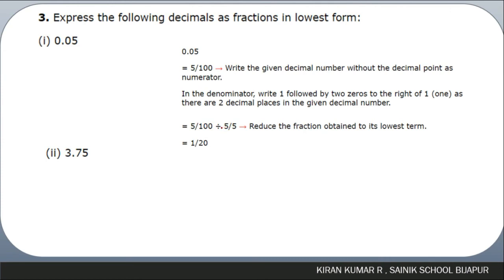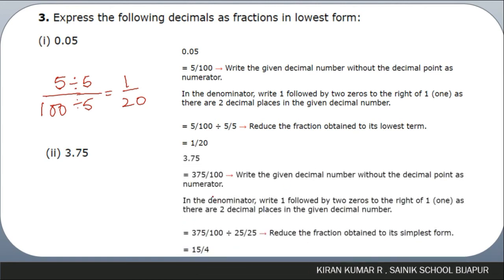So to reduce, they are divided by 5 in both numerator and the denominator. Probably this way you may understand better. They are divisible by 5, hence we get the result as 1 upon 20. 1 upon 20 is the lowest form.